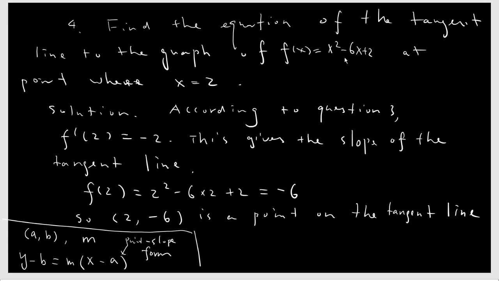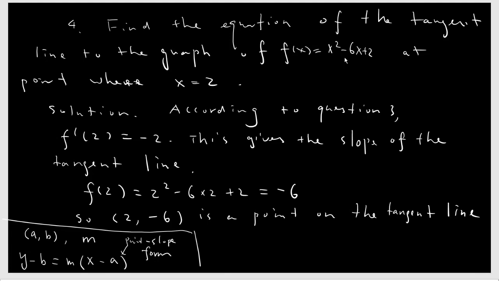Again, the slope is negative 2. The point has x-coordinate of 2, y-coordinate of negative 6. Negative 2 is your value of m, 2 is the a value, negative 6 is the b value.